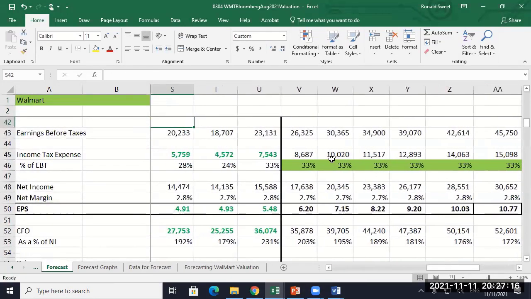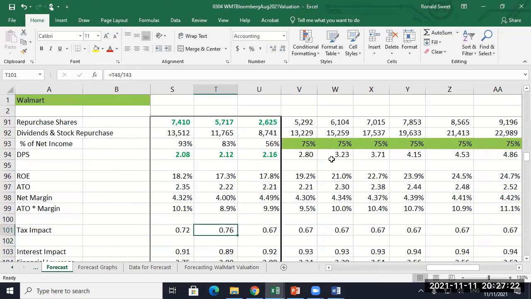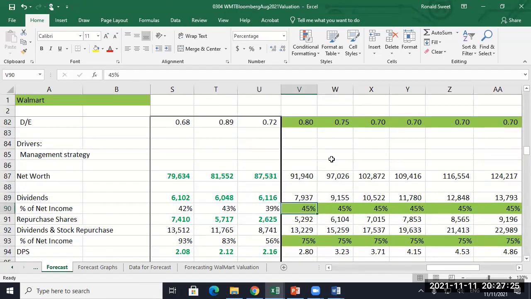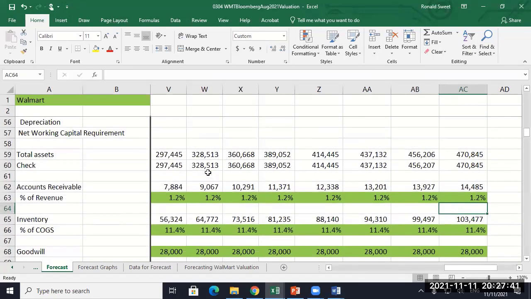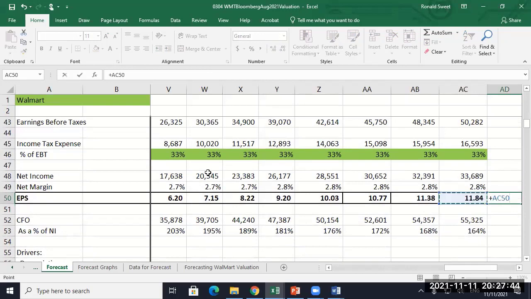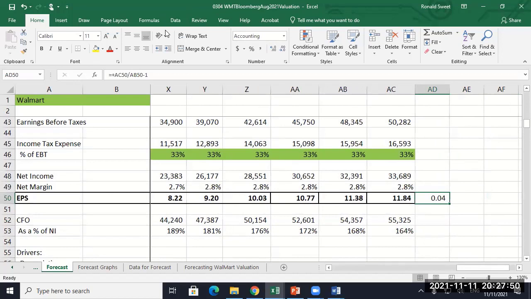And we'll go down to the payout ratio. So my payout ratio gets to about 40 to 50%. My growth rate gets to a normal growth rate. My earnings per share, let me just double check. It's growing at a pretty normal rate, right? 4%. That looks pretty good. Right at 4%. So everything was good.